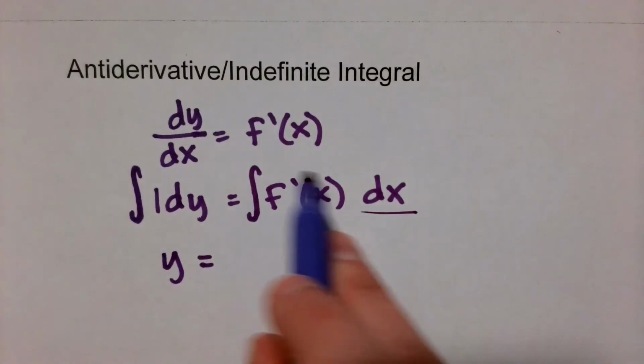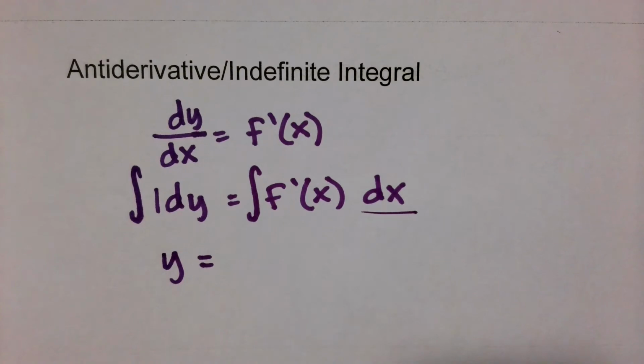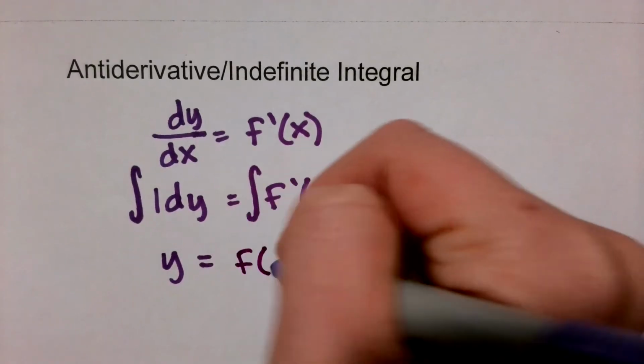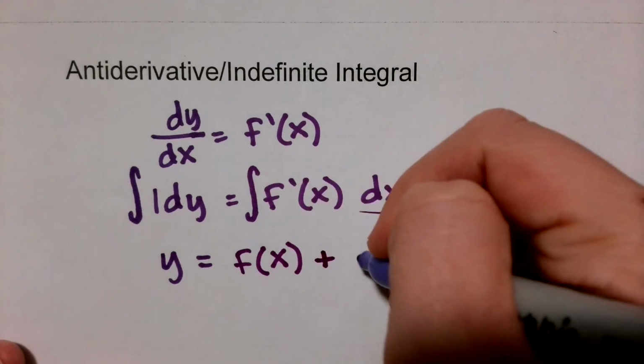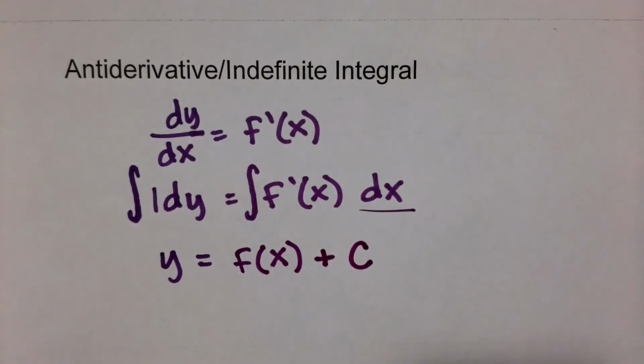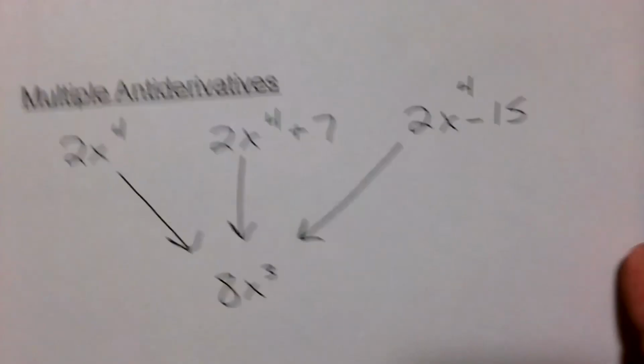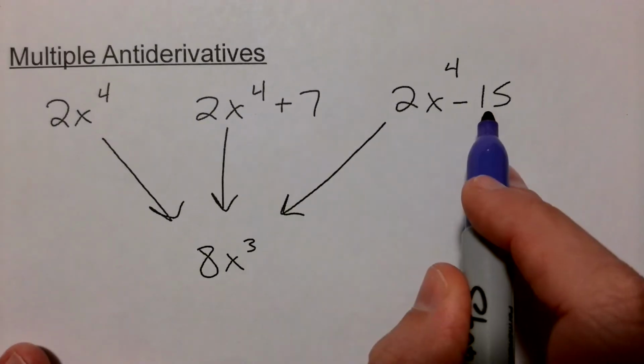So whenever I take the integral of f prime, I would end up with what we started with, which would be f of x. And then because I don't know any other information to say it's this particular f of x, we're always going to have in an indefinite integral a plus c to say that whenever I integrate or take the antiderivative, I know this is the core of the function, but I could have some constant added to it or not, just like all of our options up here where there could have been a constant added to it to begin with.